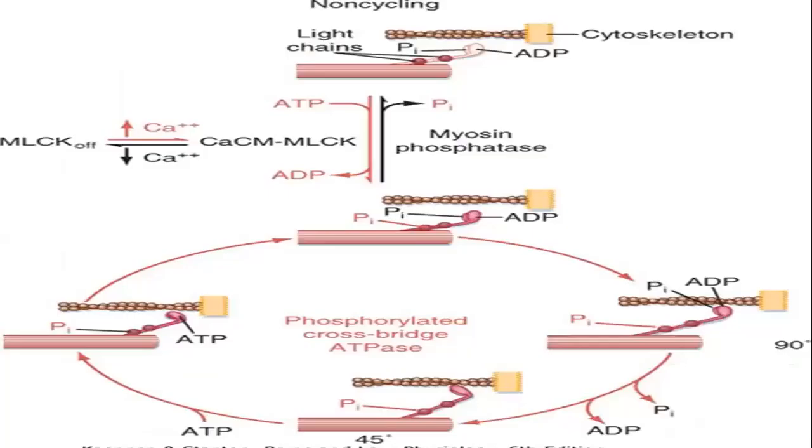In the smooth muscles, let's describe the sequence. Binding of acetylcholine to muscarinic receptors. So increased influx of calcium into the cell. Activation of calmodulin dependent myosin light chain kinase.